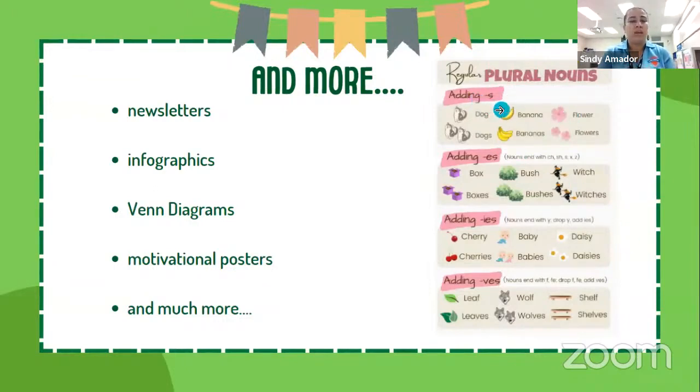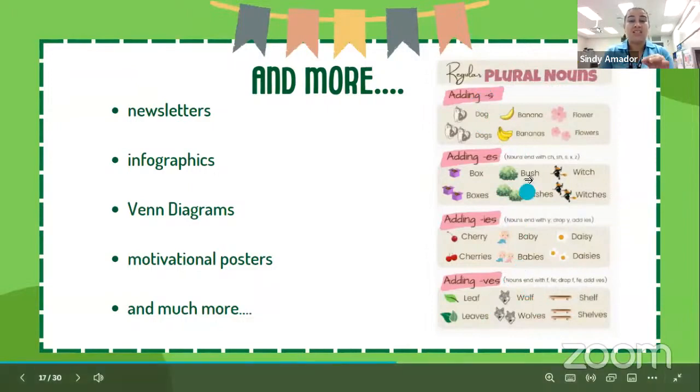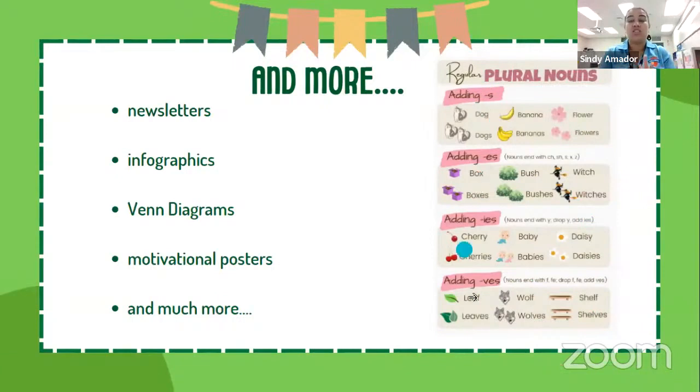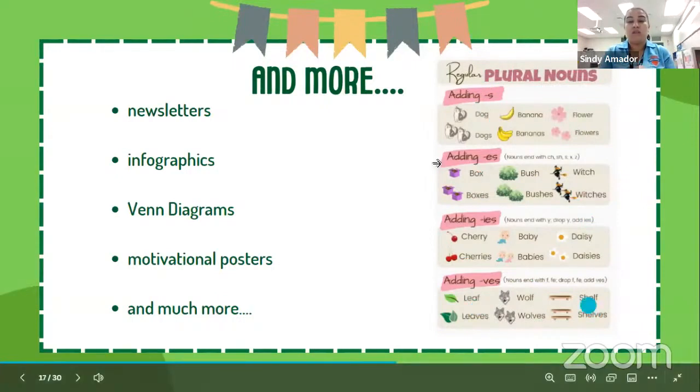When do we add the S? When do we add the ES? I didn't change anything. This is a template, so I didn't work with it. I didn't delete or add anything. This is just the original version of that template.